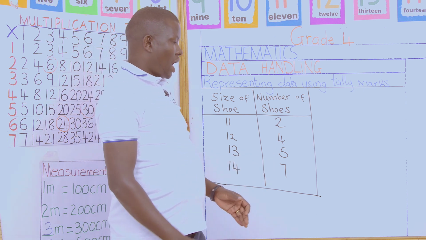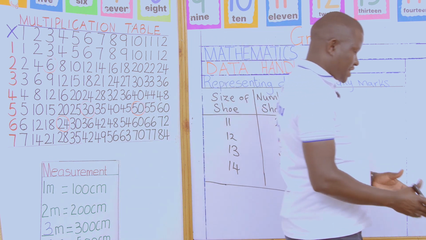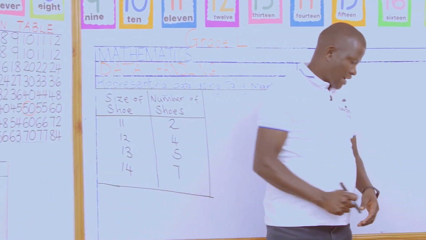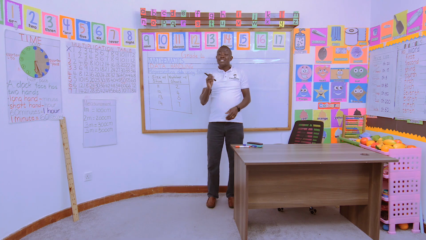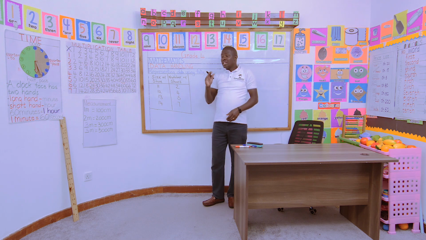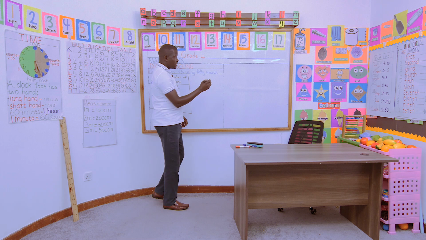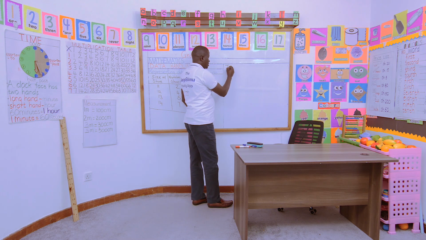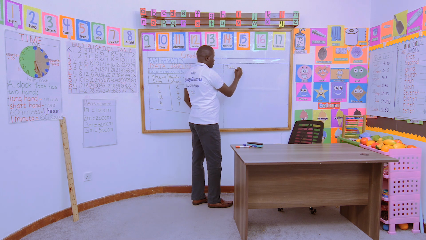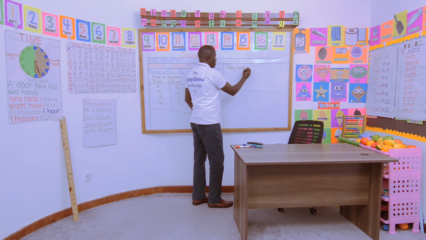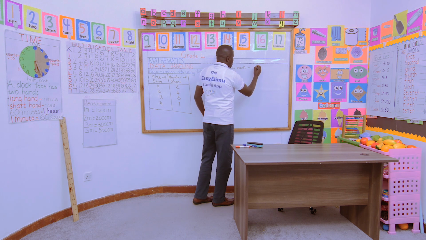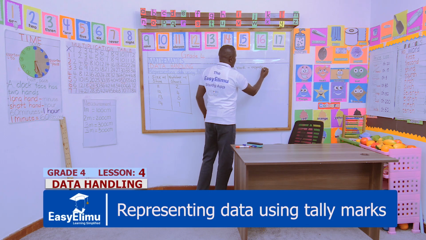Now, how can we represent this data using the tally mark? What is a tally mark? A tally mark is represented by a stroke.